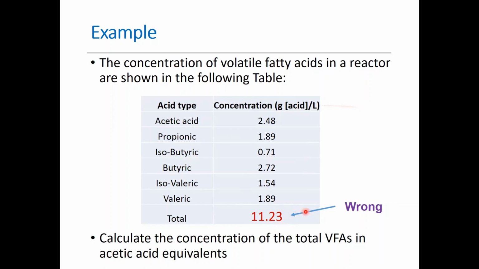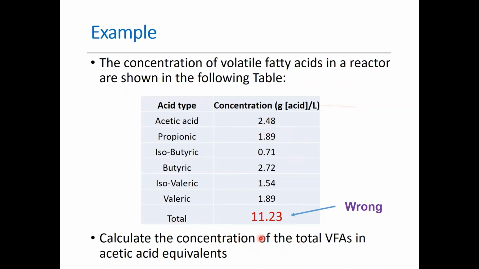Because what is here is just a summation of acetic acid, propionic, isobutyric, butyric, and valeric acid. It's not right to just sum all of these concentrations and say the total volatile fatty acid is 11 point whatever. This is not correct because these are different acids, and we have to be careful when converting or reporting the value.